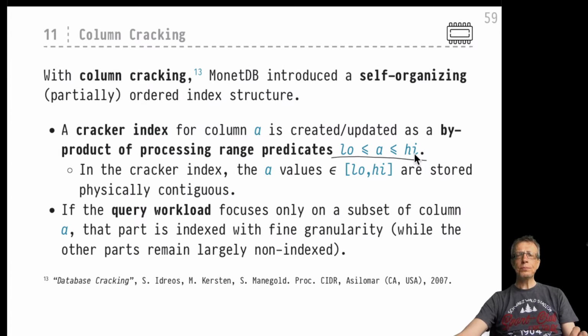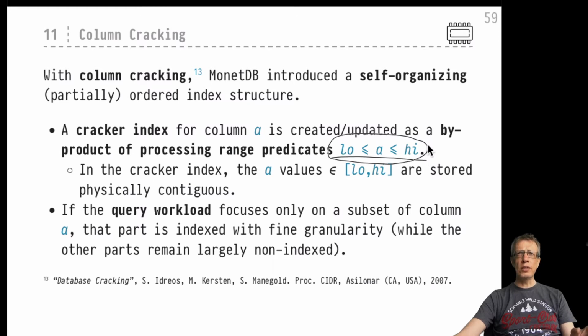While we process these range predicates, we can opt for the optional maintenance of a cracker index that is particularly built to support range predicates on the A column. But this cracker index is more specific even. It's fine-tuned and specifically made to evaluate queries in this particular range of the A column.